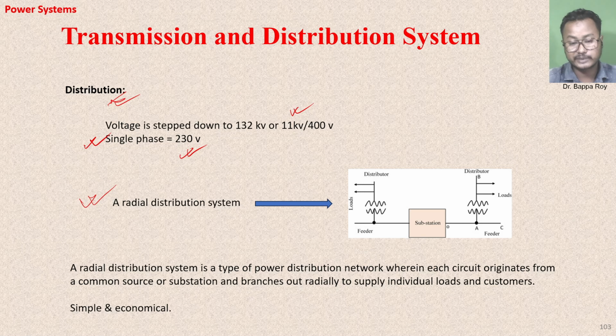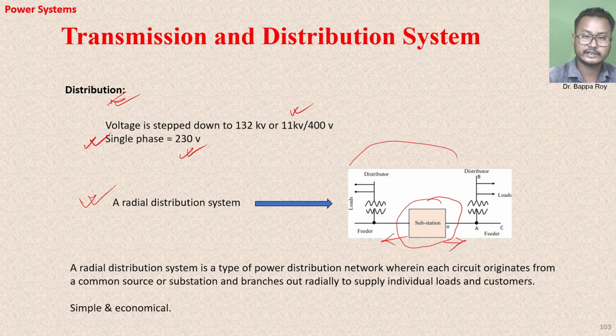It is very simple and economical. You can see here this is one substation, only one substation, and all the connections go out from here. Here only two connections are shown.